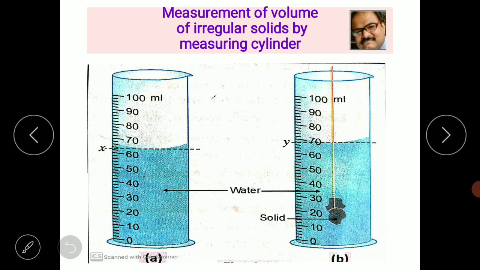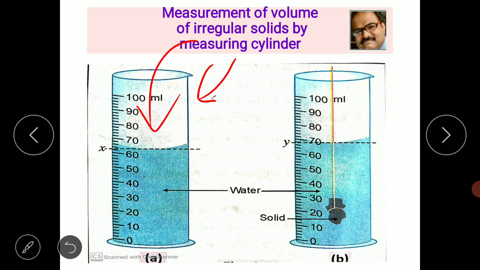Now, measurement of volume of irregular solids by measuring cylinder. How can we measure the volume of an irregular solid? We have to use the measuring cylinder. So what we do? We fill the measuring cylinder with water.